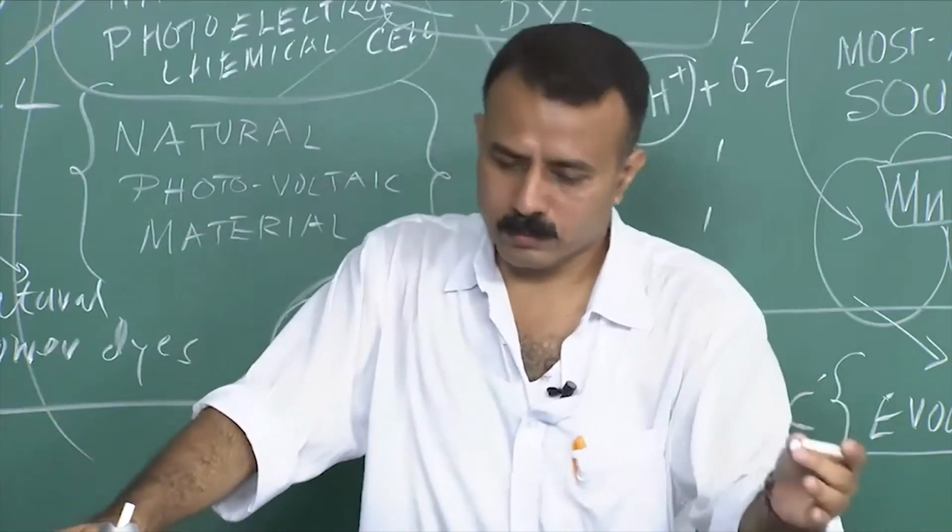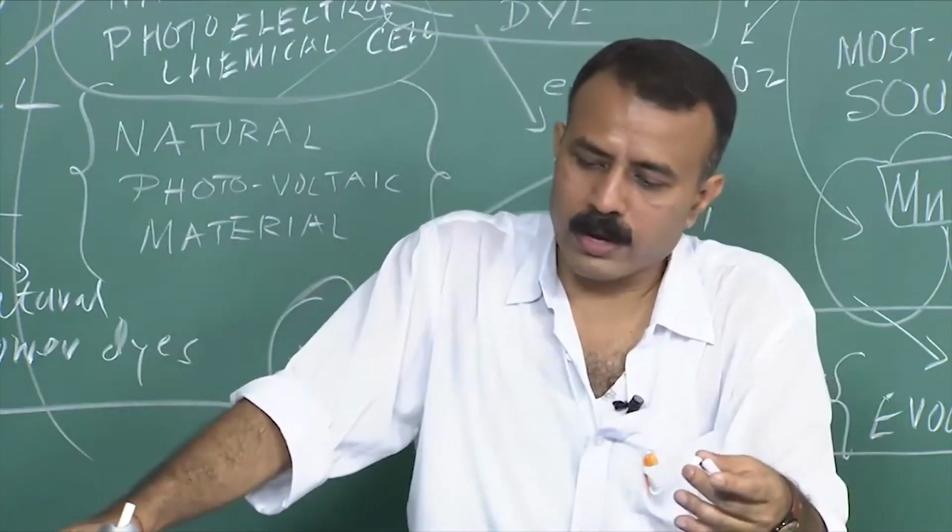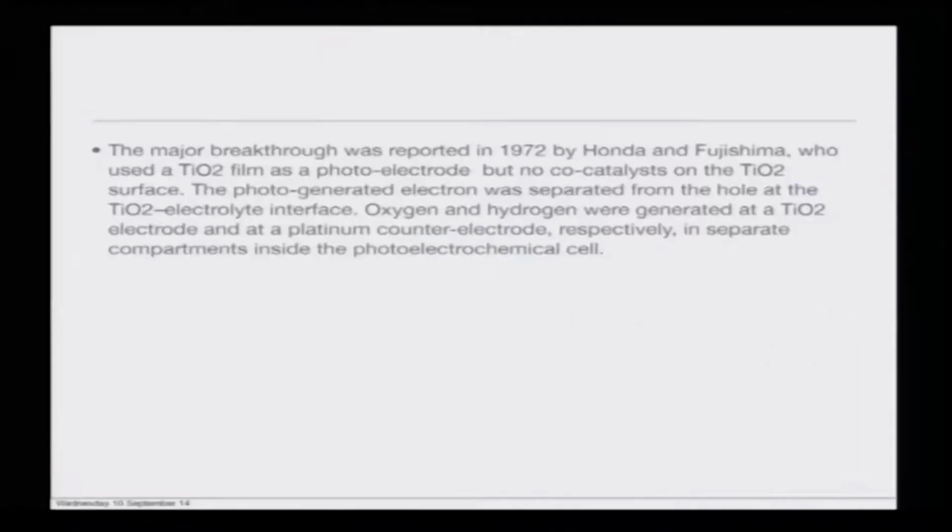Now if you go through the slide, he used a titanium dioxide film as a photoelectrode, but no co-catalyst on the titanium oxide surface. On this titanium oxide surface, the photo-generated electron was separated from the hole at the titanium dioxide and electrolyte interface.